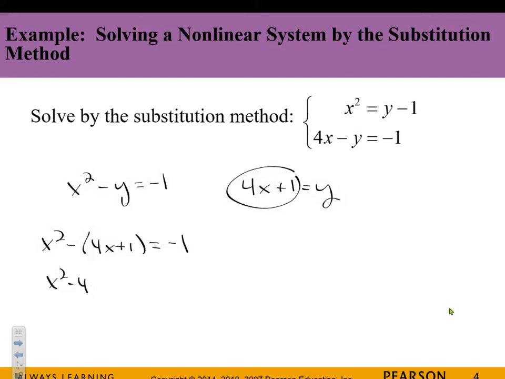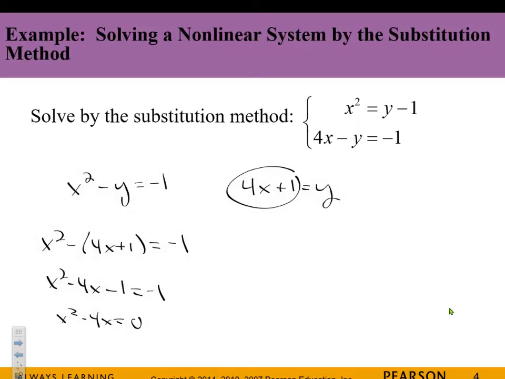X squared minus 4x minus 1 equals minus 1. I'm not going to skip steps. Those minus 1s cancel each other out, or they make a 0. So we've got x squared minus 4x is 0.